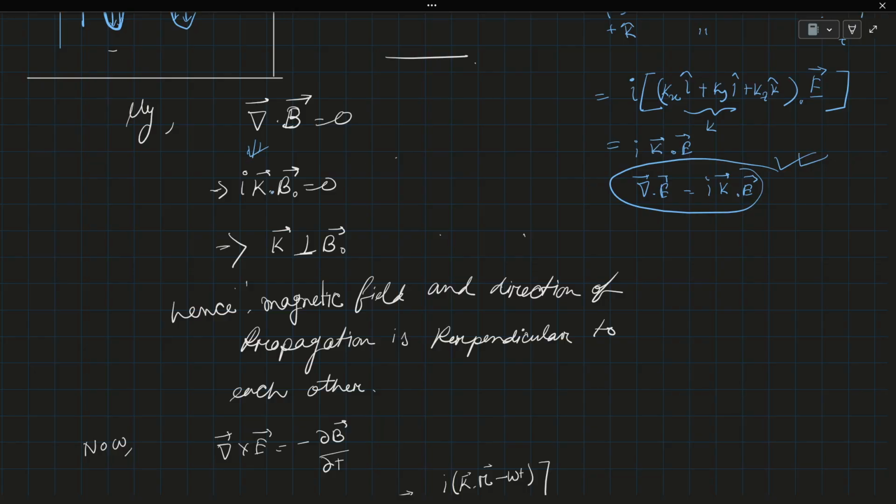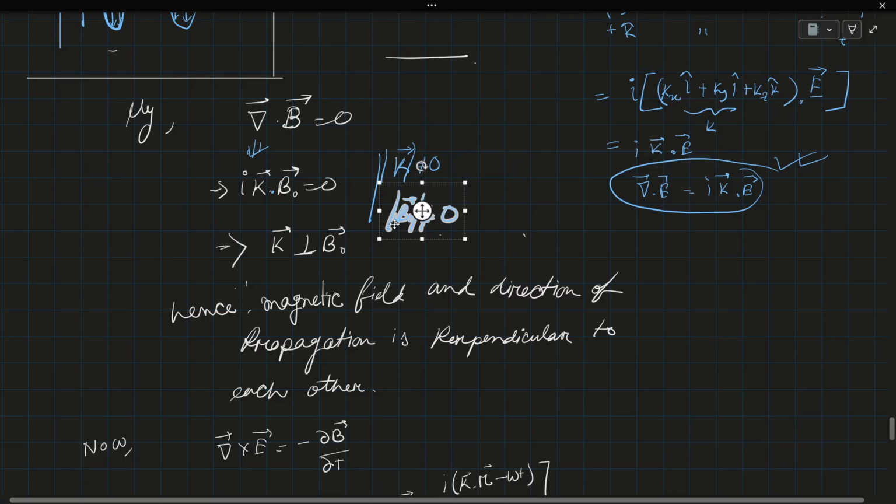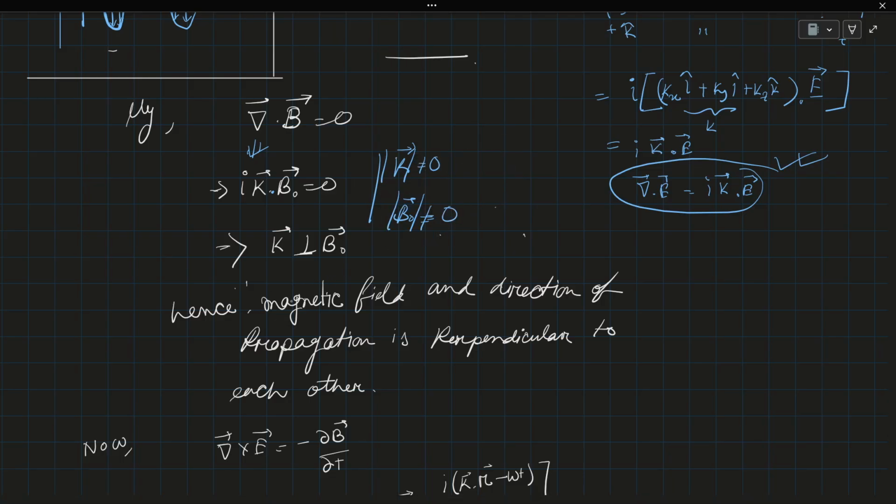So ik dot B naught equals 0. If two vectors have a dot product of 0, then they are perpendicular. Since the magnitude of k is not 0, and the magnitude of the magnetic field is not 0, these two are perpendicular. Hence the magnetic field and the direction of propagation are perpendicular to each other.